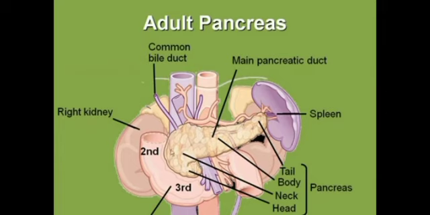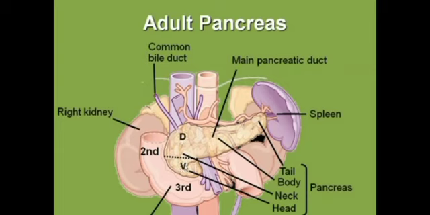And so since we know that this adult pancreas is derived from two pancreatic buds, we should be able to infer where that line of fusion was between the two pancreatic buds, and that line of fusion would be approximately here, with one side of that line being the ventral pancreas, the other side of that line being the dorsal pancreas.